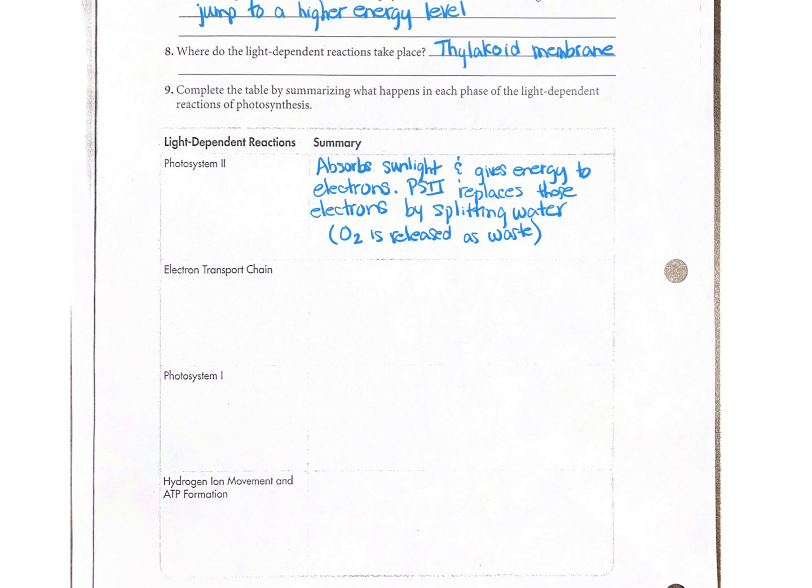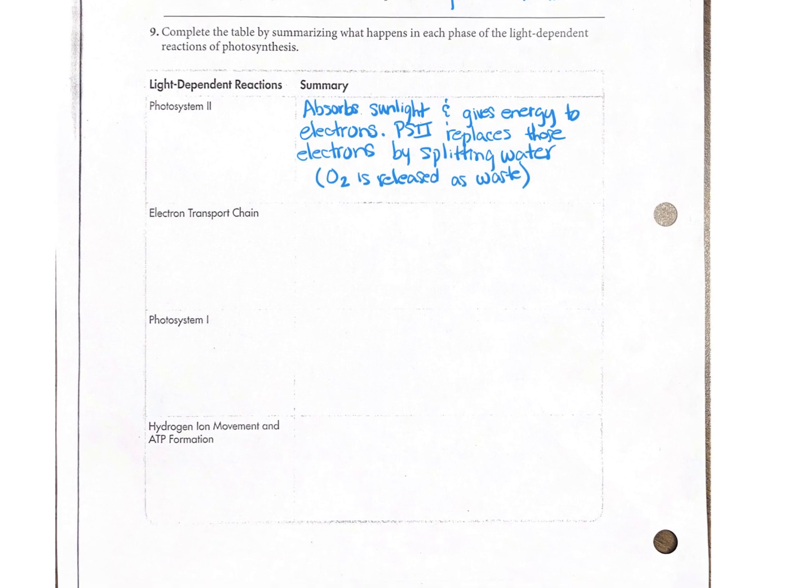Now those electrons from photosystem 2 are at a higher energy state. Now they go through the electron transport chain where they fall and lose their energy.